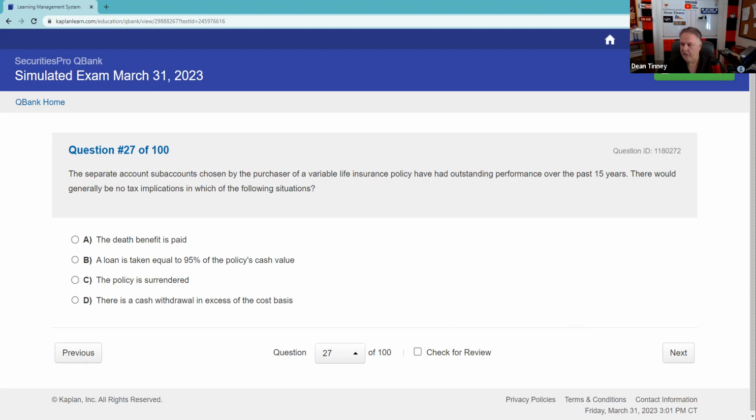The separate account sub-accounts chosen by the purchaser of a variable life insurance policy have had outstanding performance over the past 15 years. There would generally be no tax implications in which of the following situations?